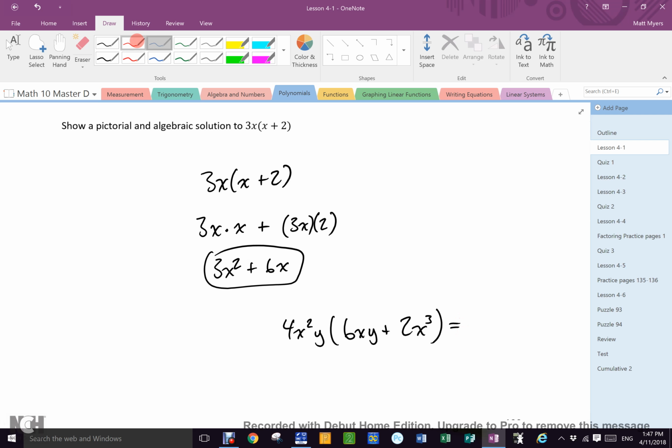Take your time, no rush. What's the first term? 24 x cubed y squared plus 8x to the 5th y.